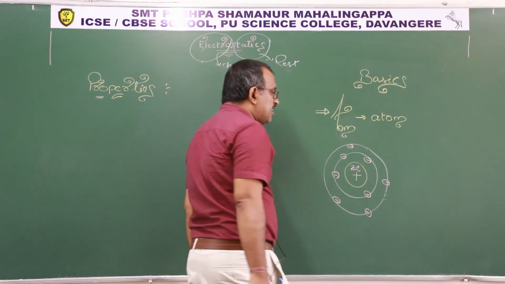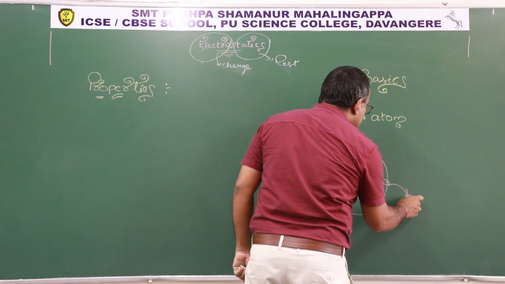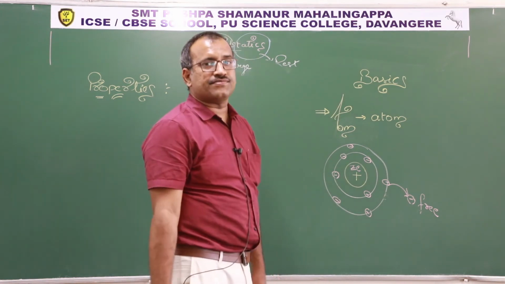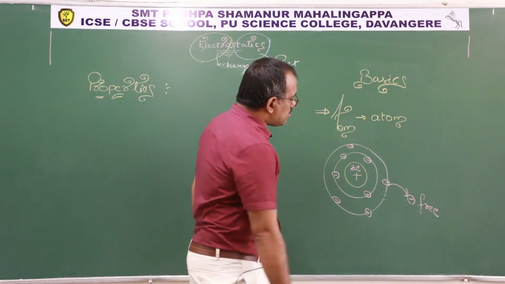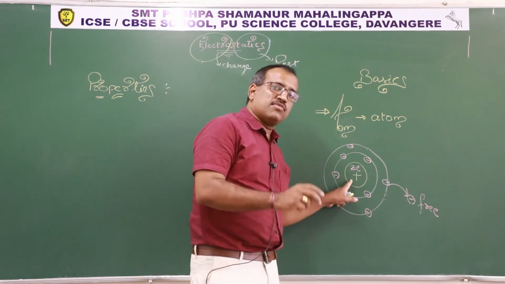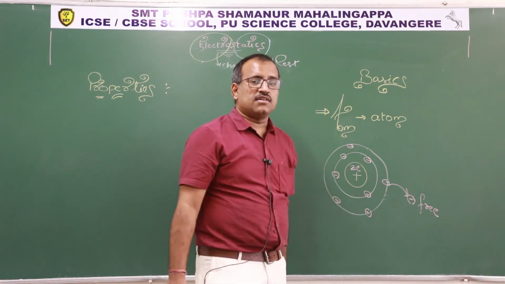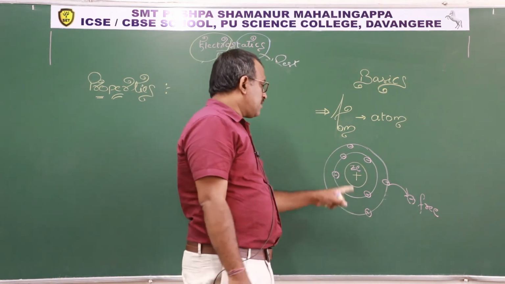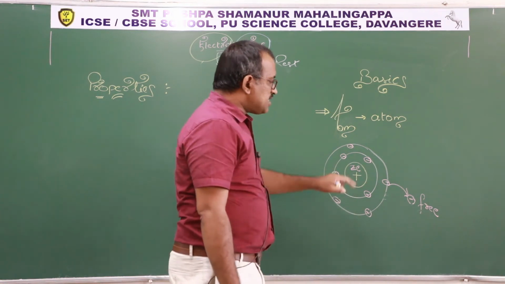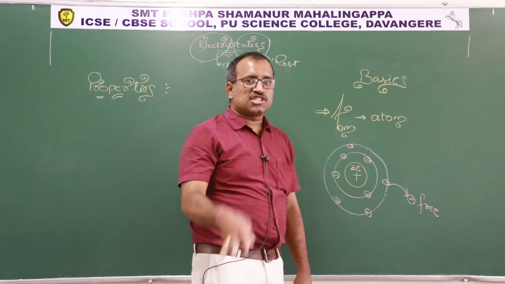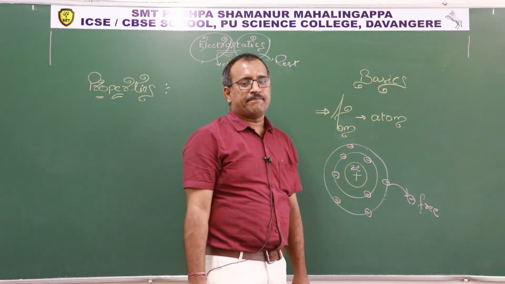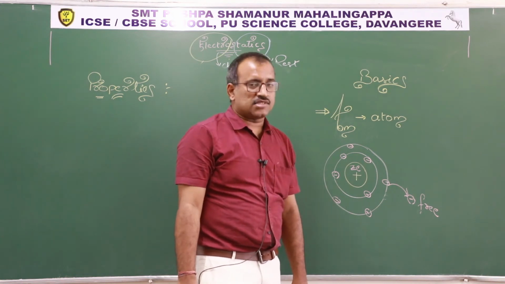If you want to remove an electron, the outermost electron is free to remove, and of course you can remove it easily, because the innermost ones are tightly bound. Removing a proton is a very energy-costly process, because protons are strongly bound with the strong nuclear force, which you studied in the lesson on fundamental forces in nature.